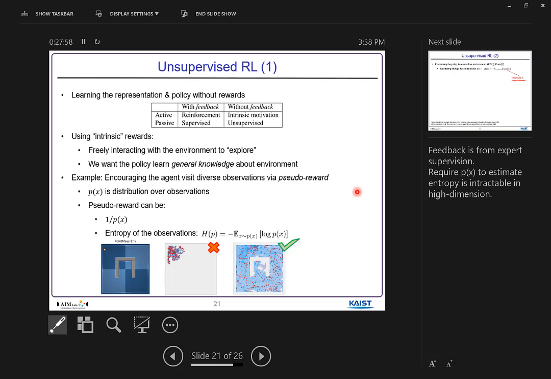And we want to use that kind of reward to learn general things about the environment. One example is like this. Without the intrinsic reward, we explore only a small region. But with the intrinsic reward, we scatter.